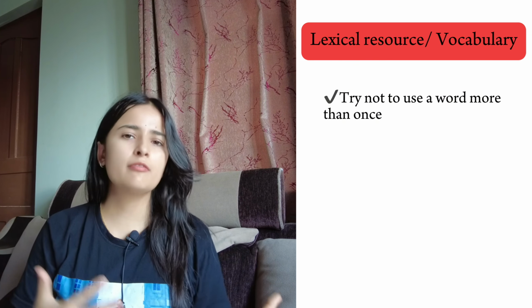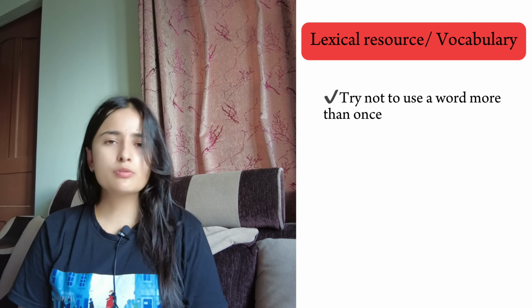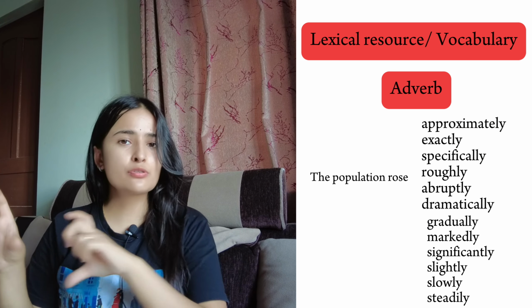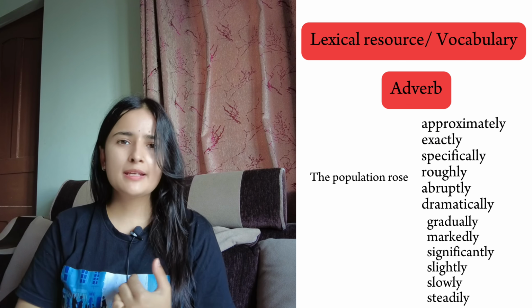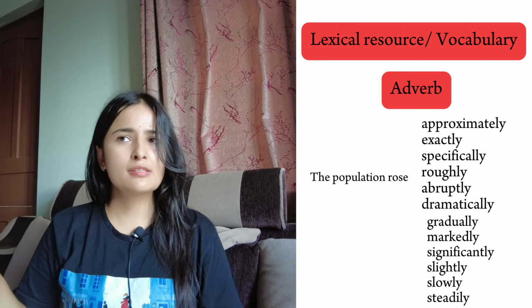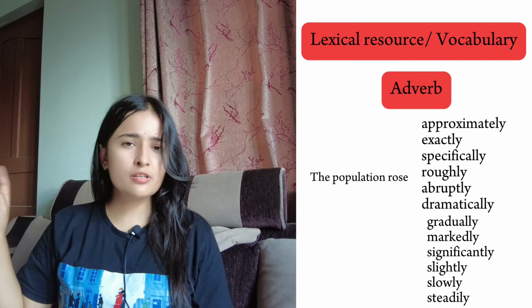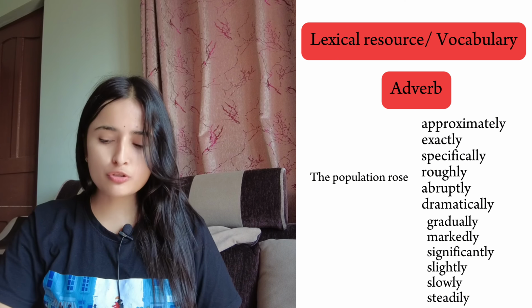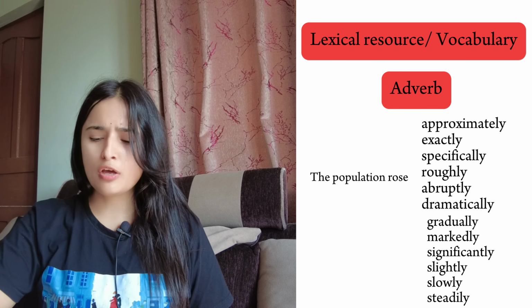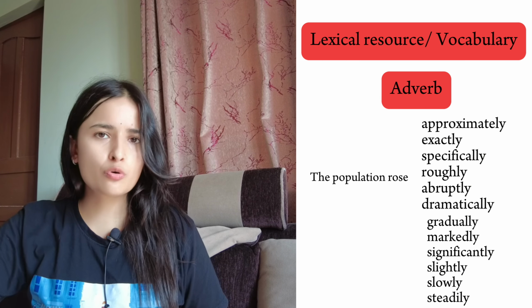Use a different variety of words to describe the same thing, and use adverbs and adjectives such as slowly decreased to, rapidly decreasing, rapid rise, significant increase, significant rise, significant surge, significant growth, the population rose significantly, the population rose rapidly, the population rose abruptly, the population rose slowly.